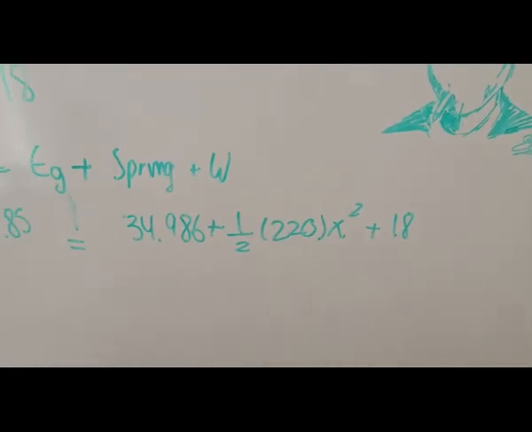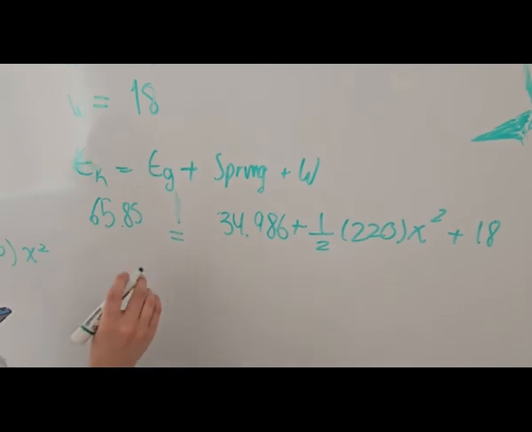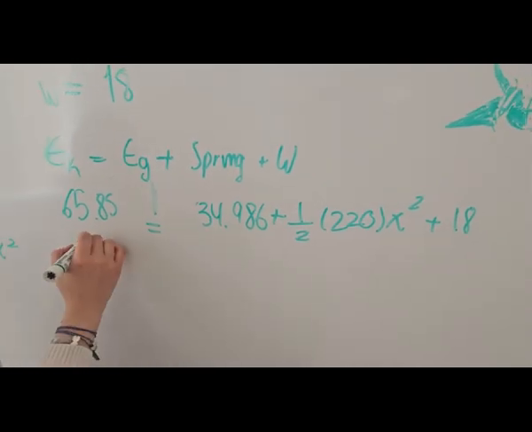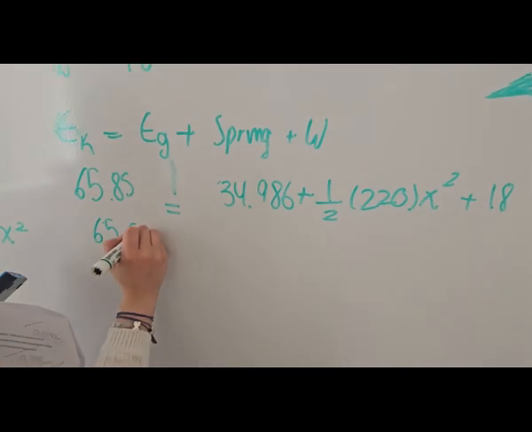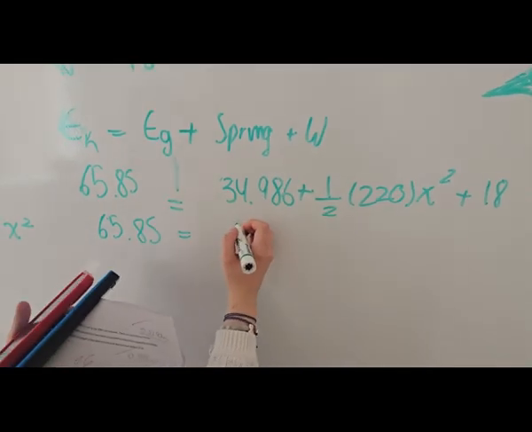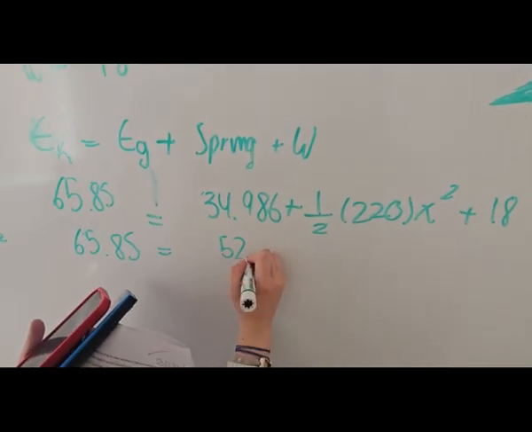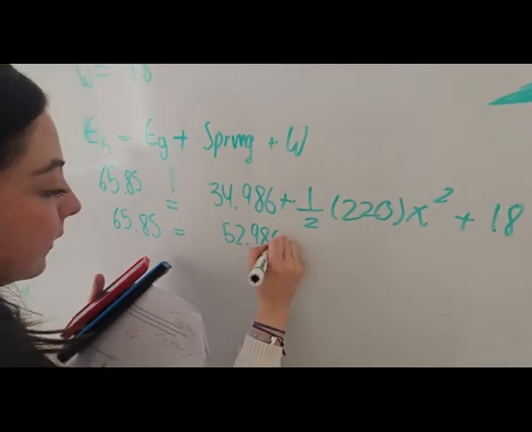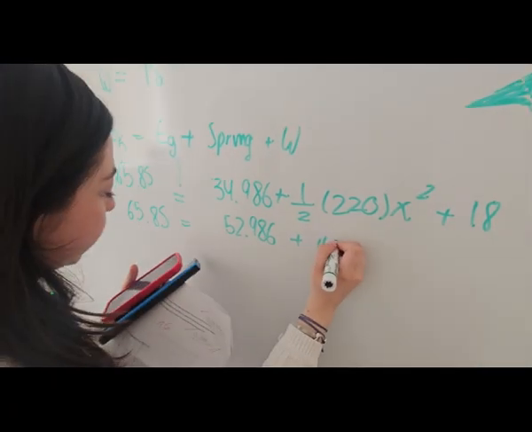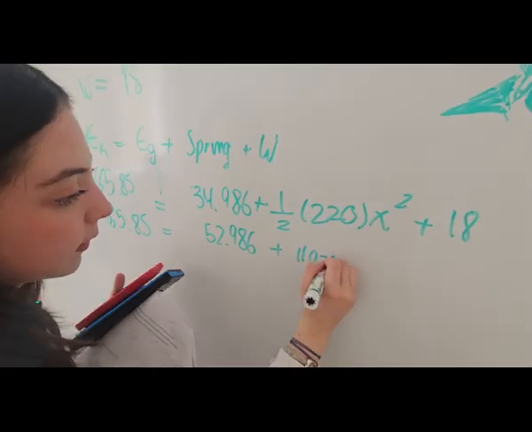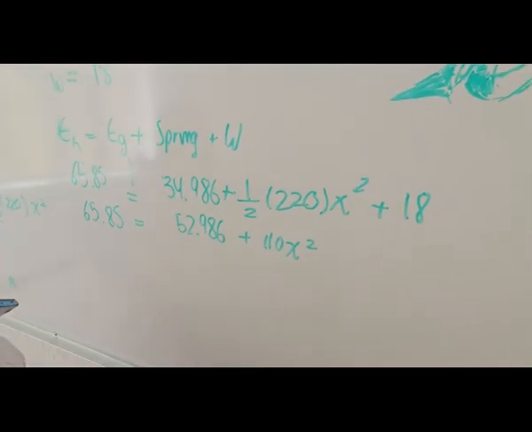So now we just have to solve this, which will be 65.85 equals 52.96 plus 1010 times x squared.